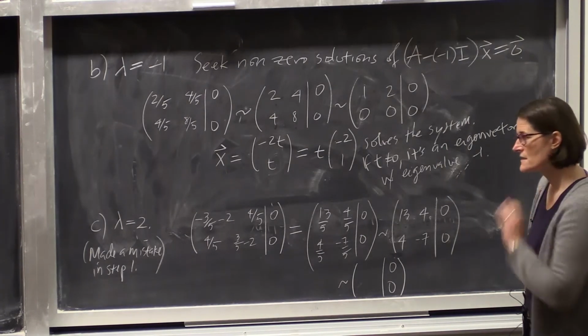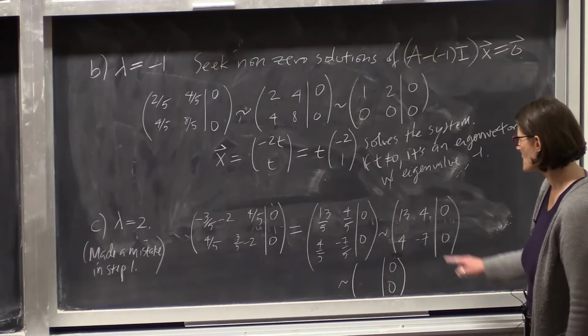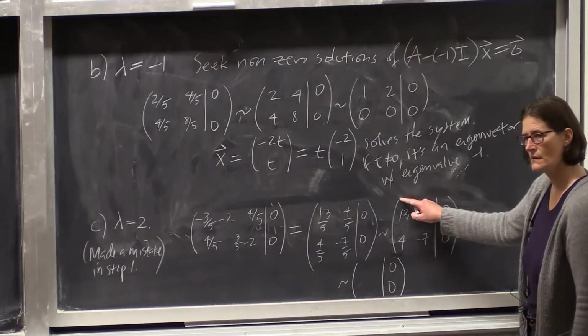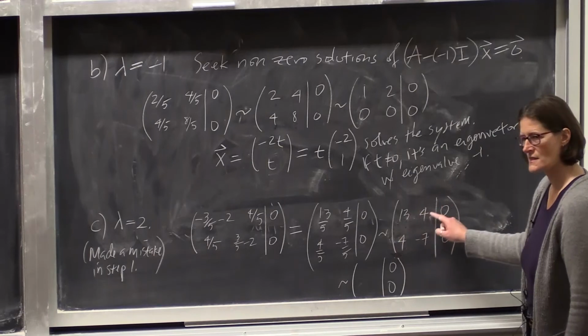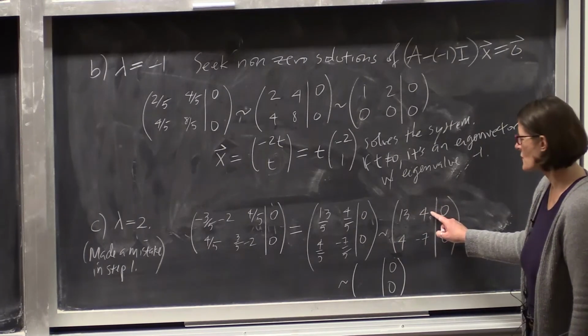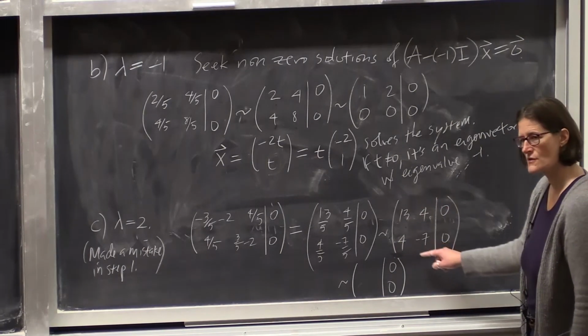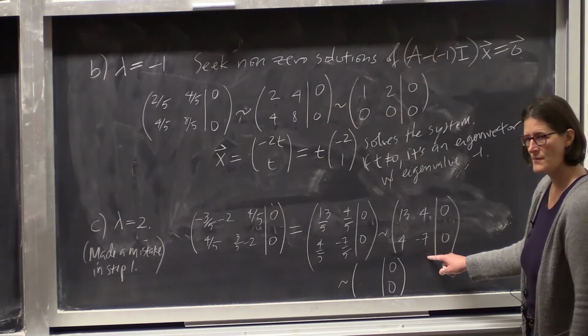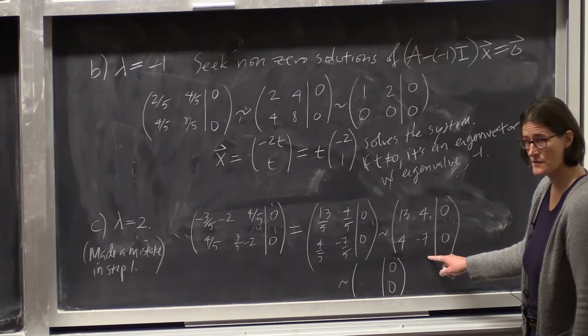I don't even need my calculator, because here I'm going to have a negative number, and then I'm going to subtract 16. So this thing has a non-zero determinant. That means it's invertible. That means its reduced row echelon form is 1, 0, 0, 1.